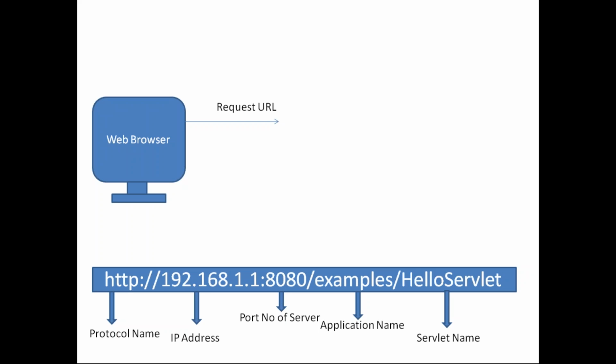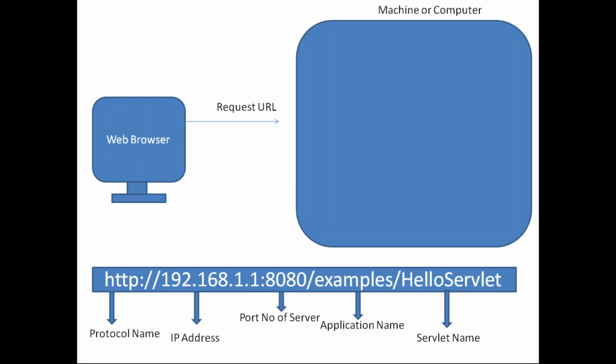If it finds the example application, then execution goes inside the example application, and inside it will find the hello servlet code. If it finds the hello servlet code, it will execute that code, a response will be generated, and that response is printed on the web browser, and the website opens.